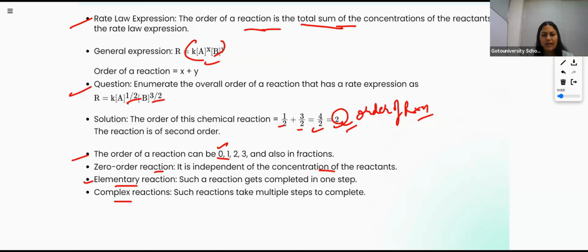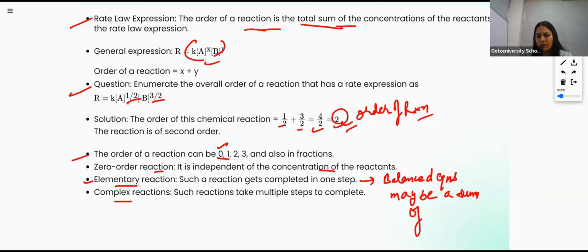All right, now elementary reactions, for example, balanced equations, they may be a sum of elementary reactions, right?